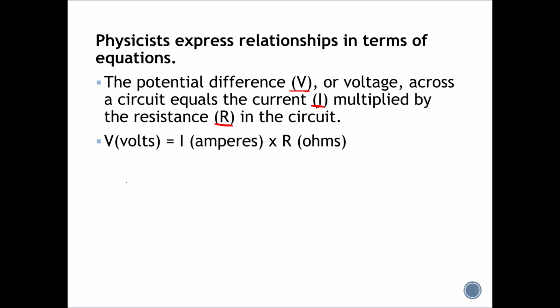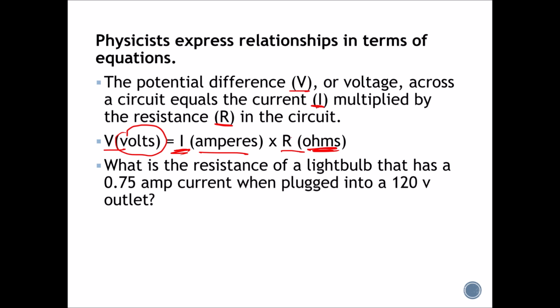The formula that we would use is volts equals current times resistance. These in parentheses here are called units, which we'll be exploring today. So voltage is measured in volts, current is measured in amperes or amps, and resistance is measured in a unit called ohms.